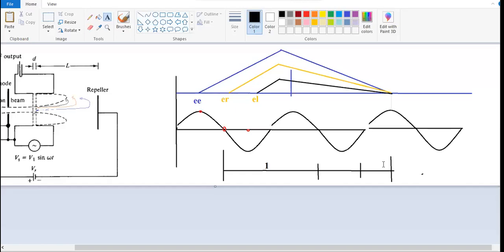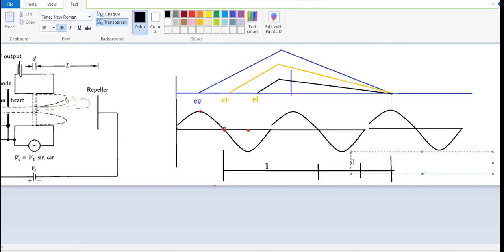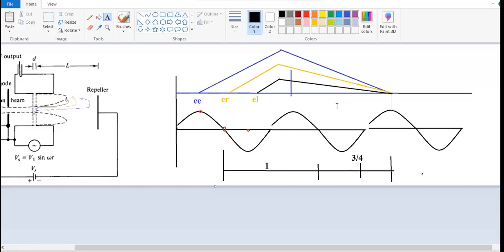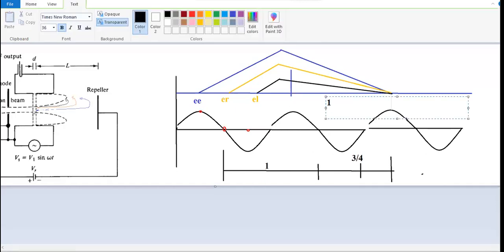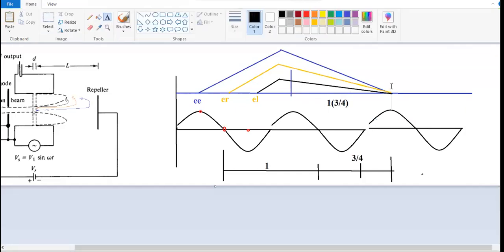This entire distance from here to here is 3/4. So this entire thing is called one complete cycle and 3/4, 1 and 3/4. This is your bunching, and this is your velocity modulation.